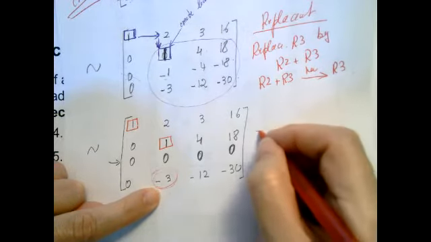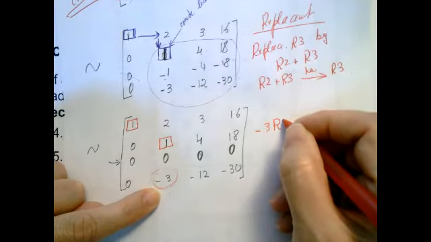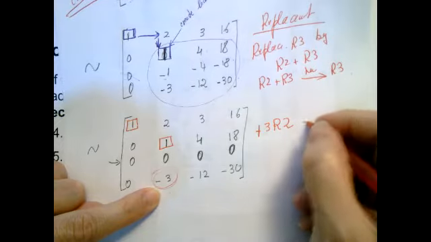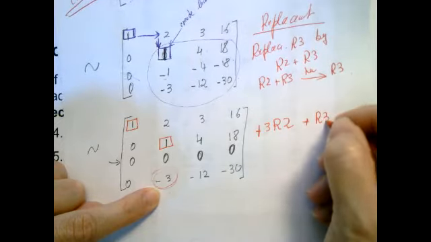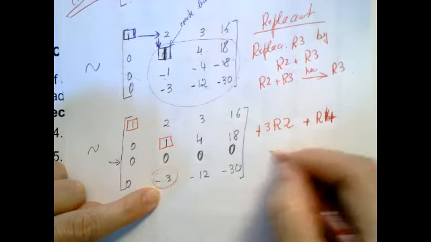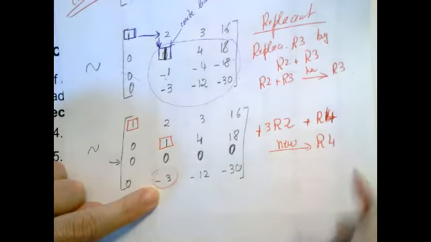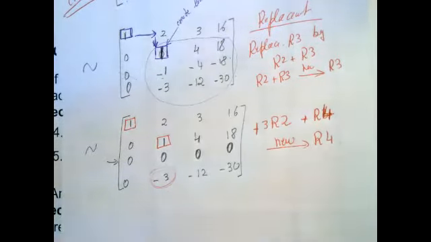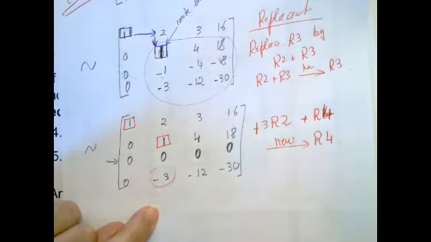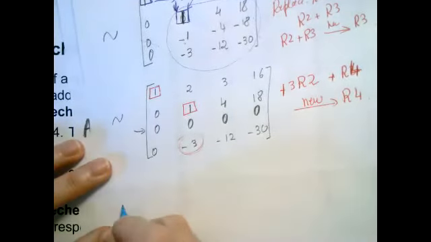So we take the second row, multiply it by plus 3, add it to the last row, and the result will become my new R4. So the process is: create a leading entry, then make everything below it into 0 by using row operations. This is going to give me the following.